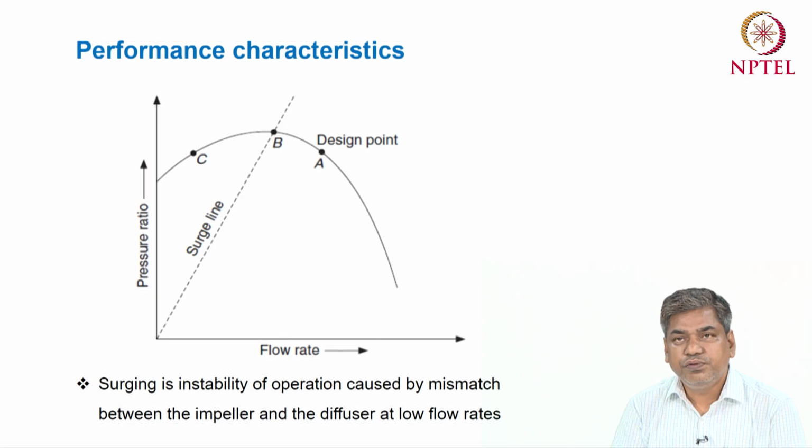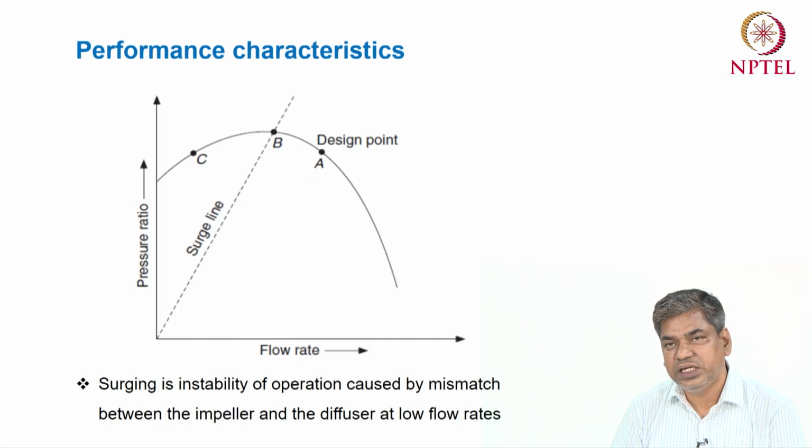Okay, so now if you see the variation between the pressure ratio and the flow rate, they depend on each other. What I have discussed earlier is that we can change the pressure ratio.